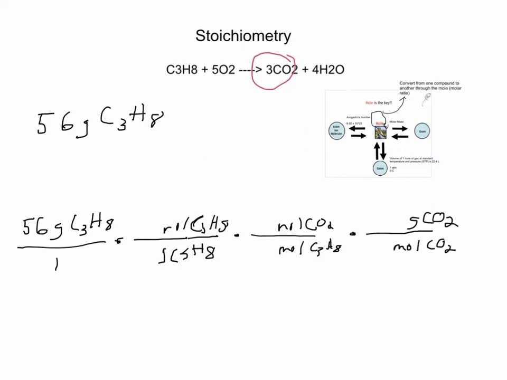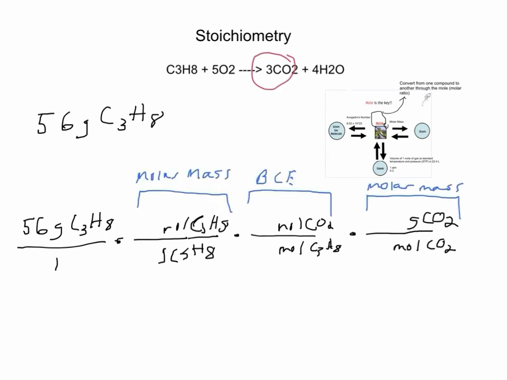Now we just plug in the numbers. So we have 1 mole of C3H8 is 44 grams. That's the molar mass. We know that the ratio of propane to carbon dioxide is 1 propane gives us 3 moles of carbon dioxide.